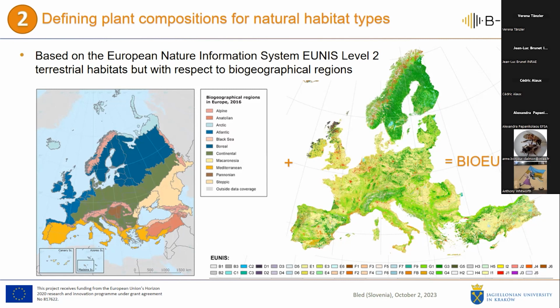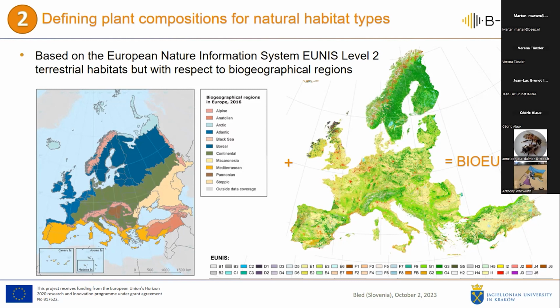But very soon we acknowledged the fact that we cannot really average it at the European scale, right? So we have very different composition of, let's say, coniferous forests in the north, very different in the continental zone, and very different in the southern zone. So we added to that the biogeographical regions that you can see here on the left side.